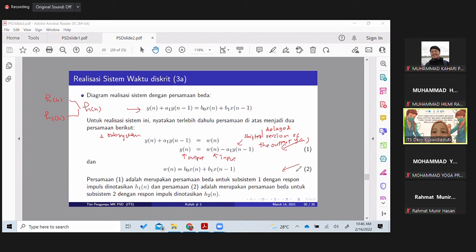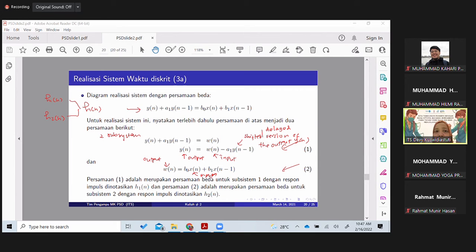In the second subsystem, yn is the output of the system and the input is xn. As you can see, the output of the second subsystem will be the input of the first subsystem.